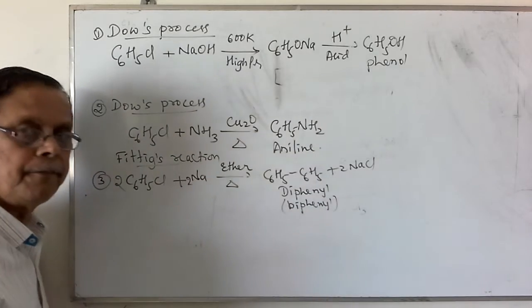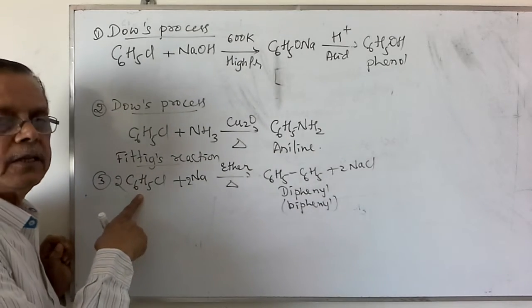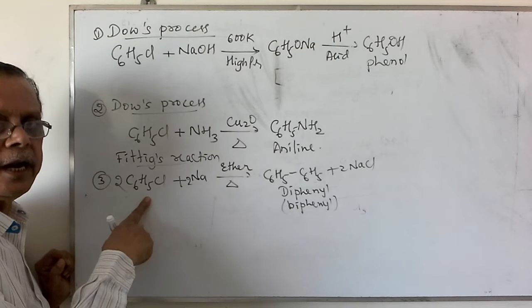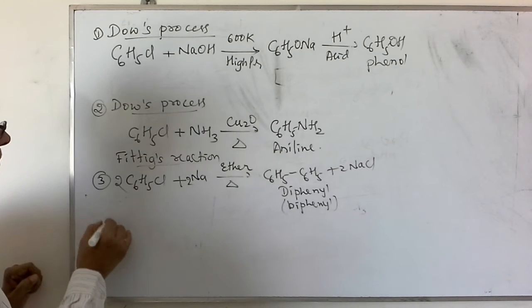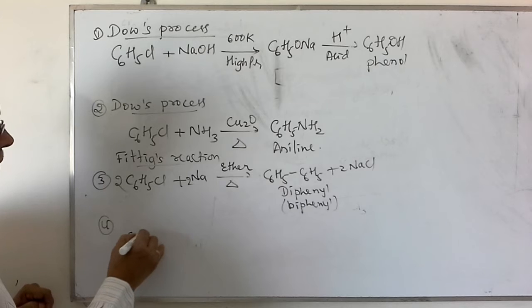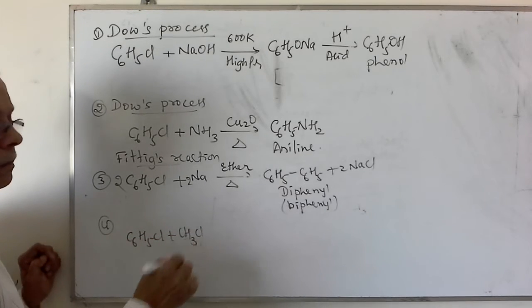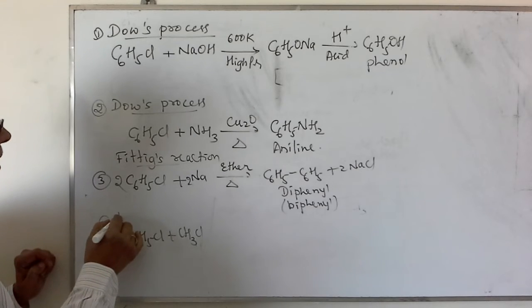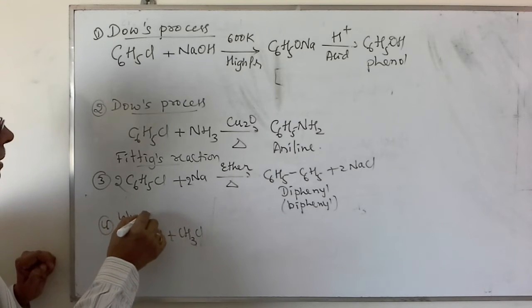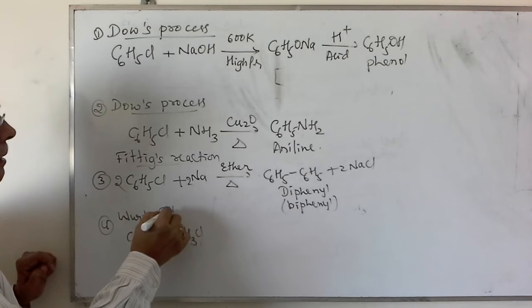Biphenyl or diphenyl. Instead of using the same phenyl chloride or chlorobenzene, if you take the mixture of C6H5Cl and CH3Cl, this is actually called as the Wurtz-Fittig reaction.